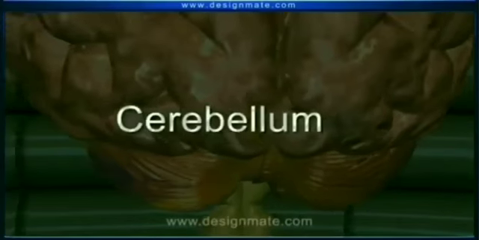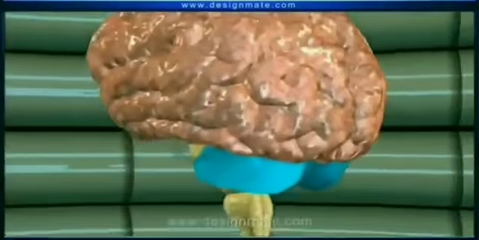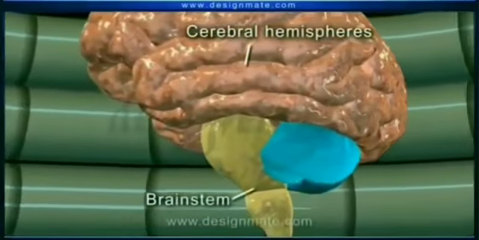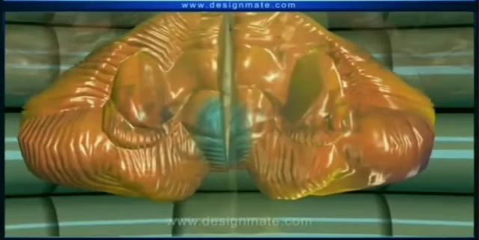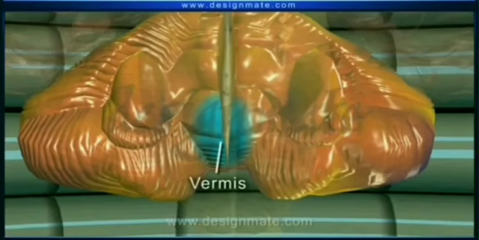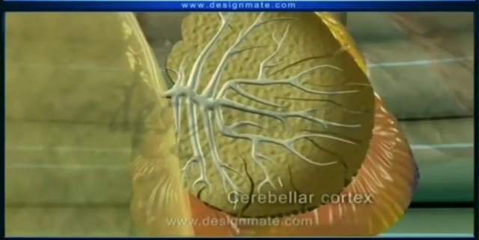Cerebellum. It is the second largest part of the brain. It consists of two cerebral hemispheres. These two lateral hemispheres are connected with a central vermis. It consists of both white matter and grey matter.